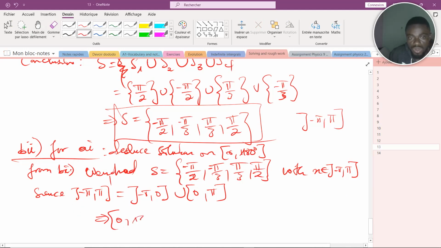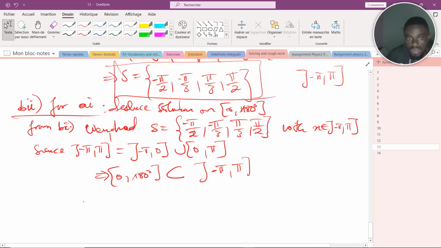0 to 180 degrees is a subset of what? Is a subset of the interval minus pi to pi. You understand? Because this is here, we see clearly that this interval is a subset of this interval.